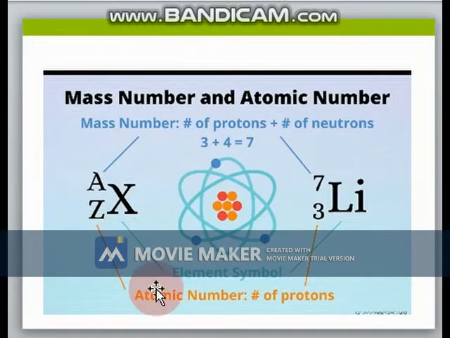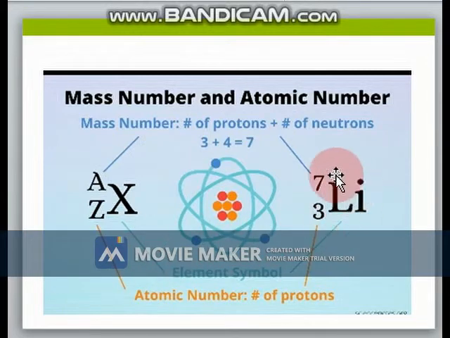The Z is written as a subscript on the left hand side of the chemical symbol, whilst the mass number A is written as the superscript of the chemical symbol. Then here is a typical example.